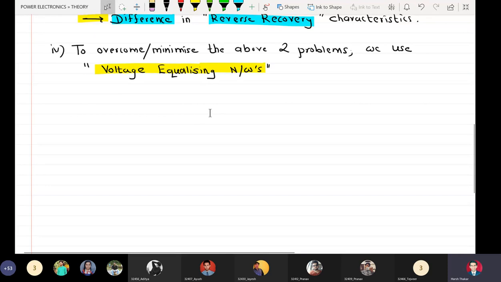The solution mentioned in point number 4, how does it solve the problem? It solves the problem in the following way.